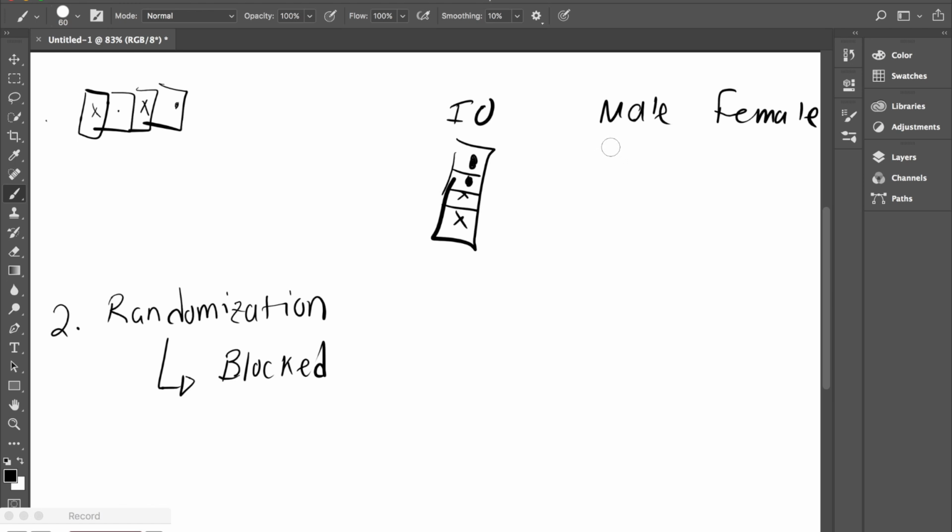Now the block randomization sequence, the computer algorithm, might pick another sequence for this block. So for this one we might have no treatment, treatment, no treatment, treatment, right? And eventually we'll continue to do this, right? And all the people in the male group will have balance. So half the people in the male group will have no treatment, and half the people in the male group will have treatment.